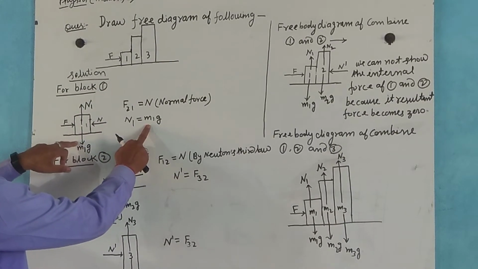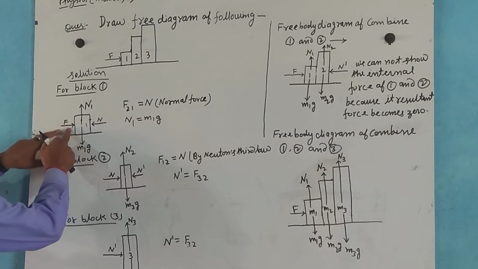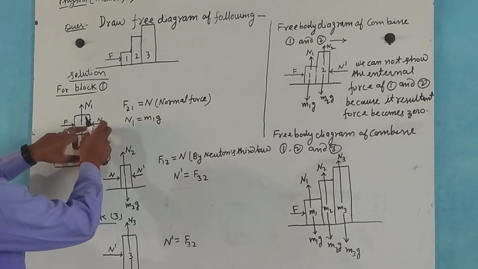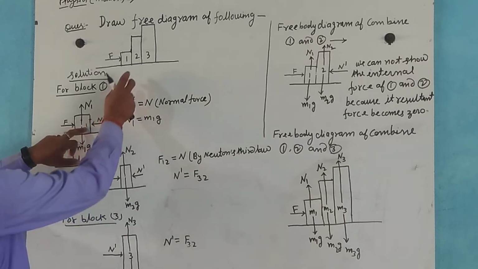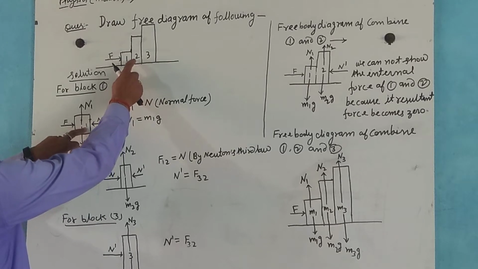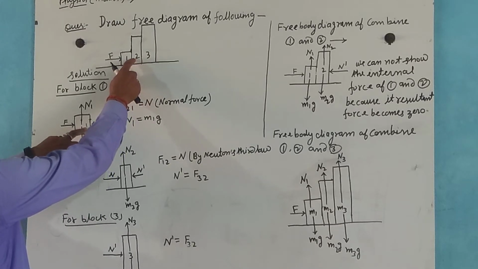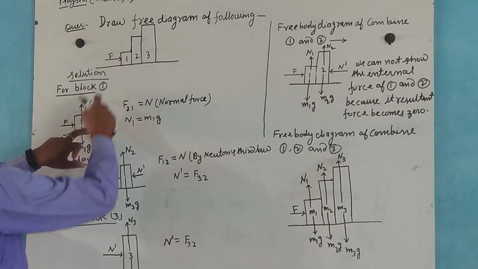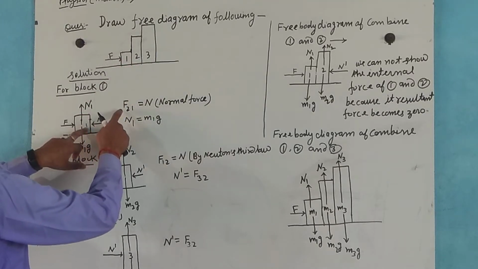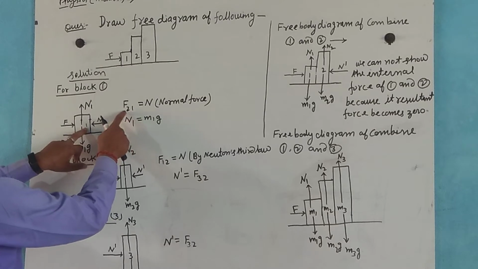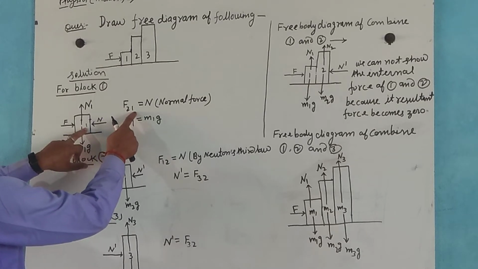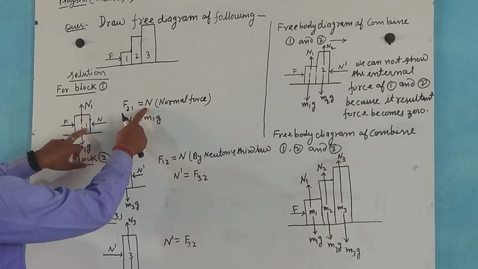Here the force F is applied, and the block attached to it also applies a normal force toward block 1, so that is F21, and block 2 applies a force on 1, that is N.